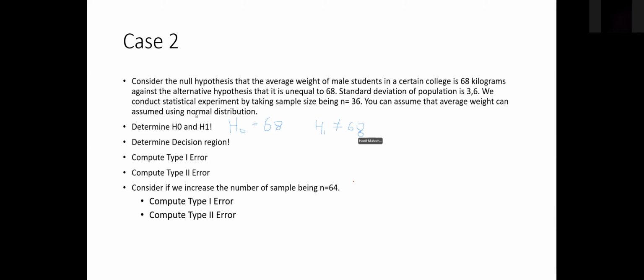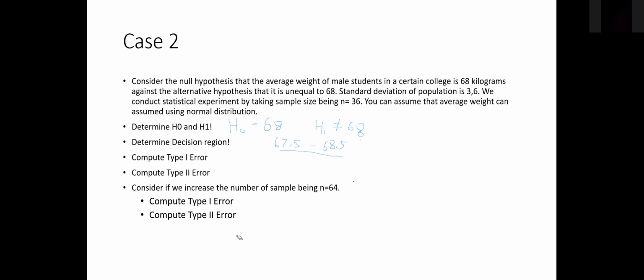And for the decision region, we decide that for the region accepting a null hypothesis, the range is between 67.5 to 68.5. And outside this range belongs to the H1.